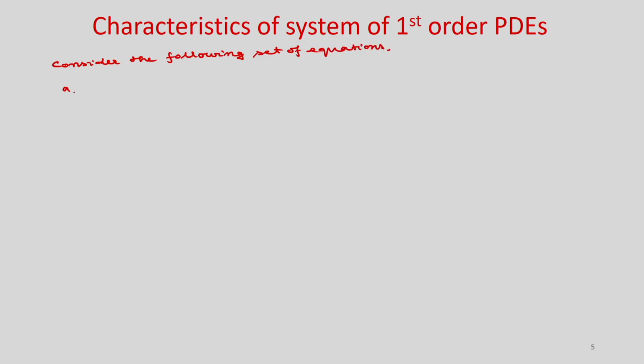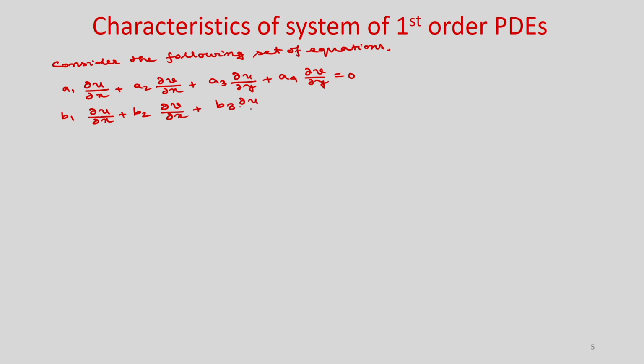Okay. a1 del u by del x plus a2 del v by del x plus a3 del u by del y plus a4 del v by del y is equal to 0, and b1 del u by del x plus b2 del v by del x plus b3 del u by del y plus b4 del v by del y is equal to 0. Okay. So, these are a set of two first order PDEs.